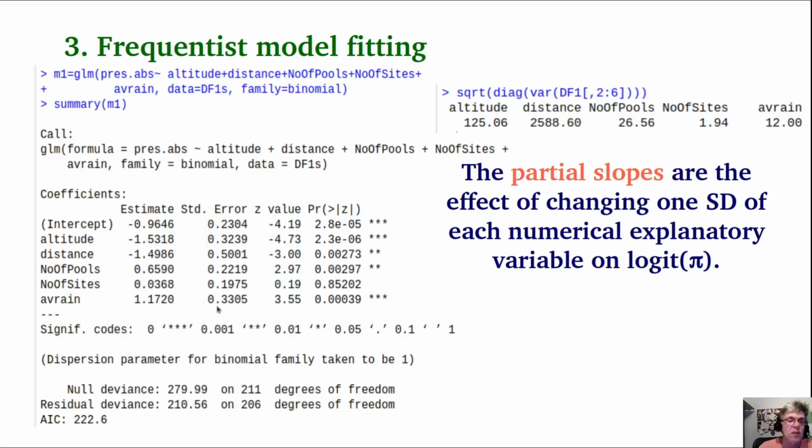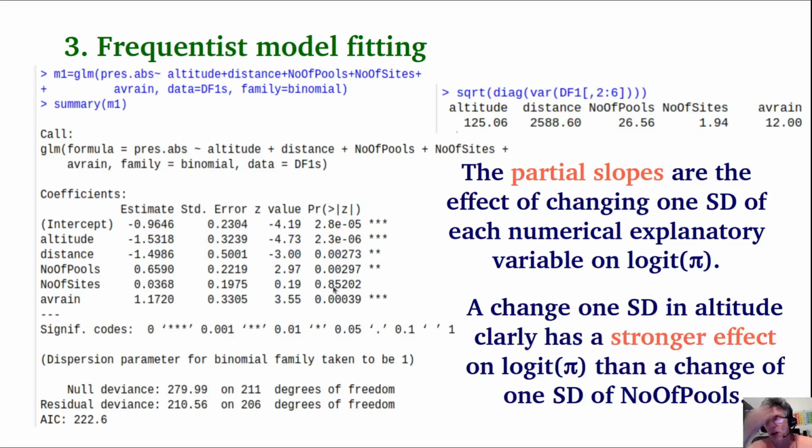This is what it means. This is the standard error of the parameters, just like we explained in the previous models of the general linear model. And these p values simply denote whether these slopes, these partial slopes estimated in the link scale, in the logit link scale, are significantly different from zero.